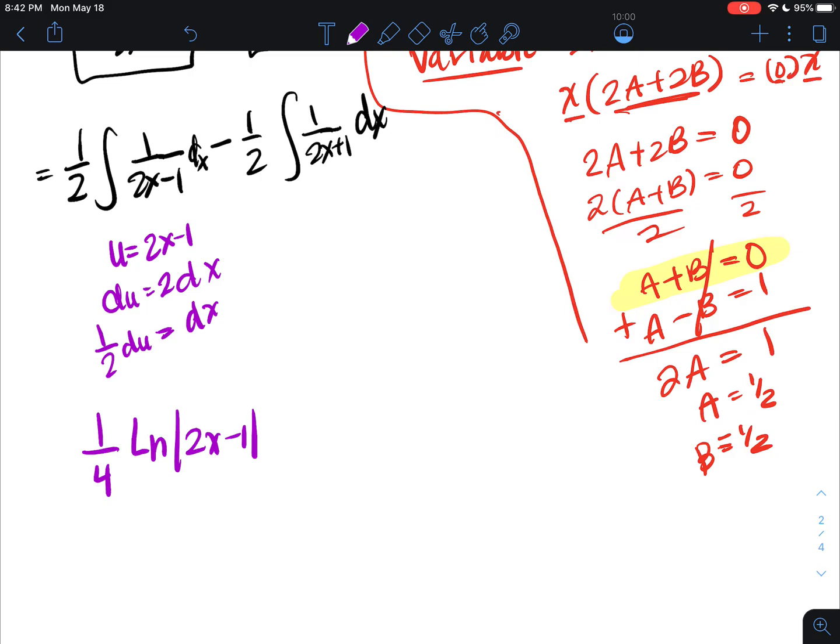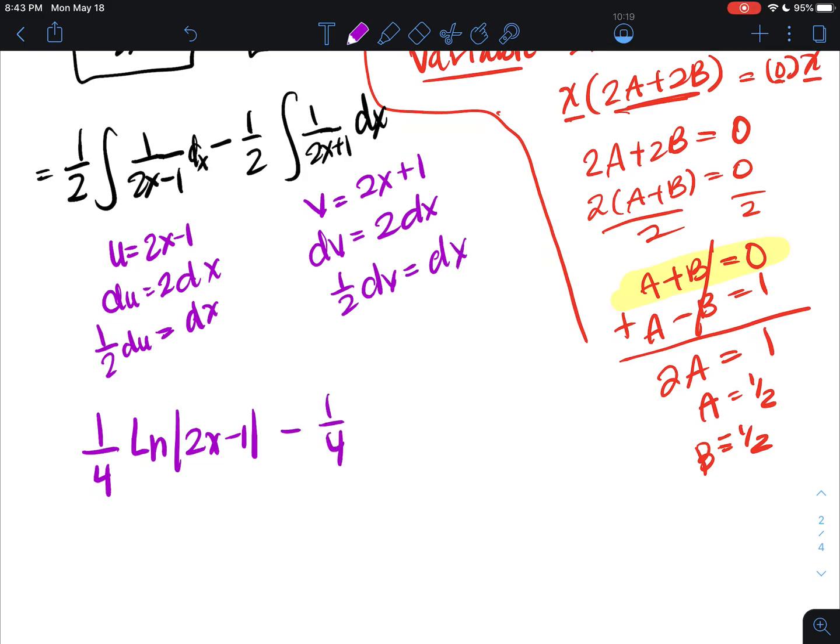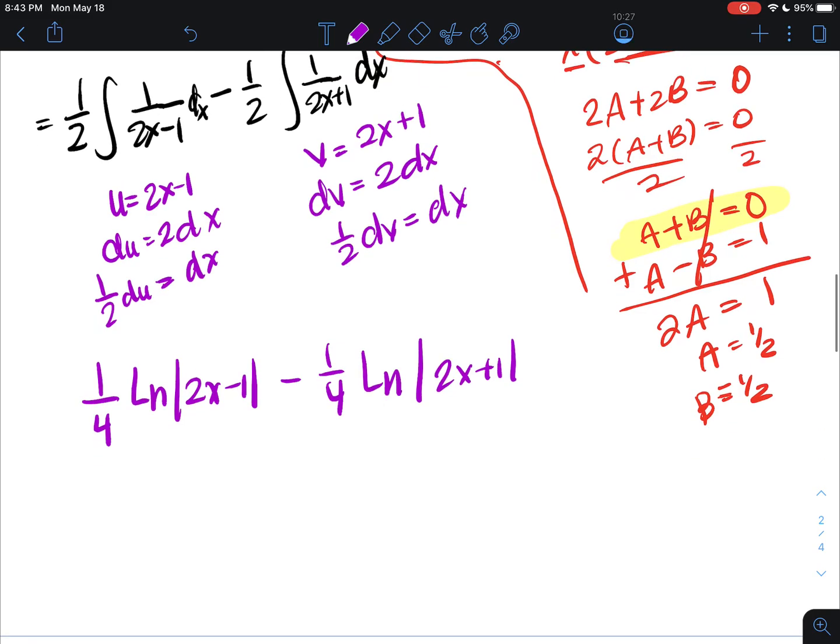On this side, I have basically the same substitution, but I'm going to use v just so that it's different, but same concept, right? And then dv is going to equal 2 dx. And again, 1/2 dv is equal to dx. So minus 1/4 the natural log of the absolute value of 2x plus 1. And then, of course, plus c.